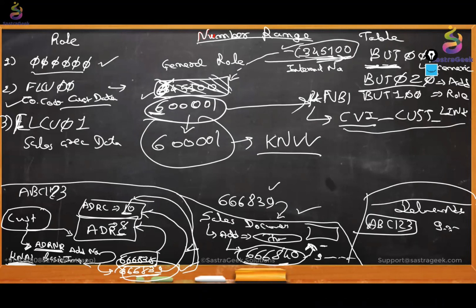But if you want to do that, you definitely have to have the same number range group and number range interval available for both the business partner and your customer code.